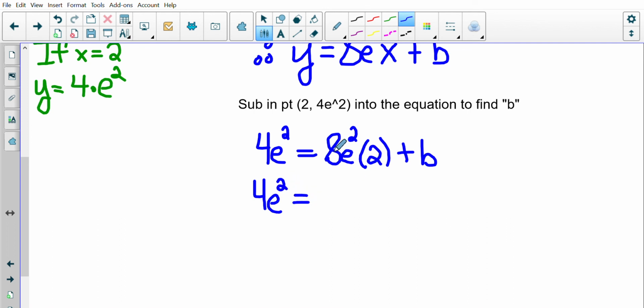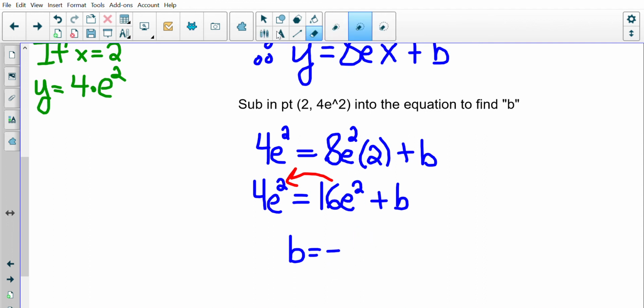If I have this 2 times the 8, I've got 16e squared plus b. All right, I'm going to now get b by itself, so I'm going to move this 16e squared over to the other side, so it becomes a minus 16e squared. And so I would have 4e squared minus 16e squared. Well, that would be minus 12e squared. Again, that's actually a number I could figure out, but not going to bother. I'm just going to leave it as e. Oops, minus 12e squared is my b value.